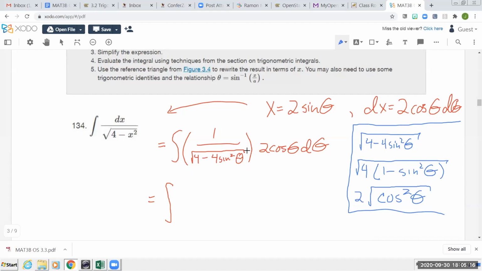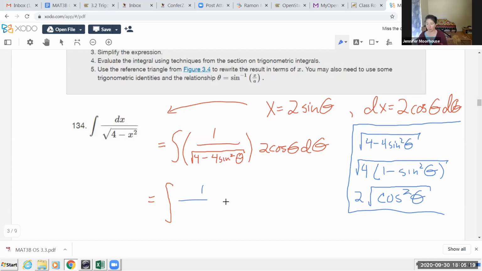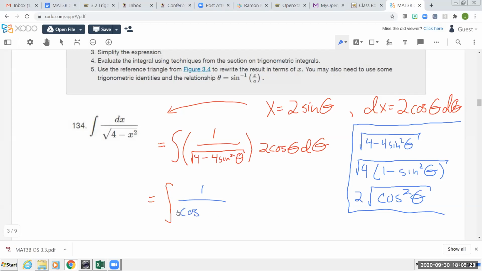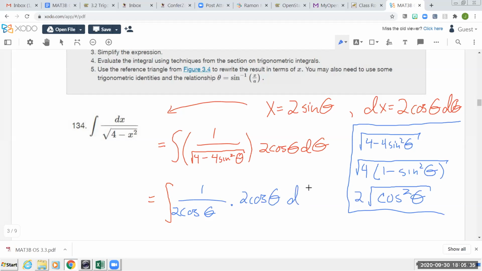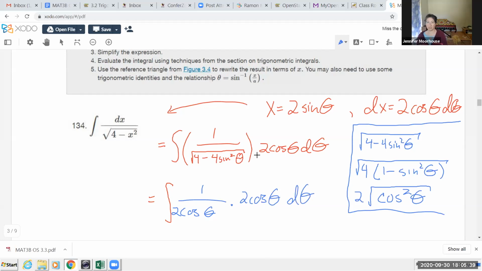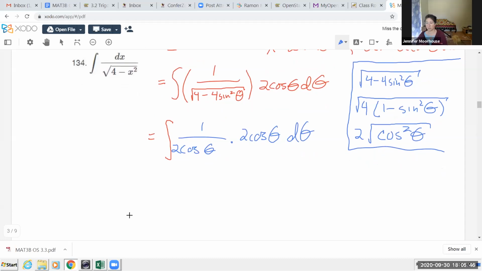So in this parenthesis here, we have a 1 over cosine, oh, whoops, 2 cosine. 2 cosine, yes, theta. And we have a multiple of 2 cosine theta in the numerator and the denominator, which can cancel each other out. So we're just integrating d theta.